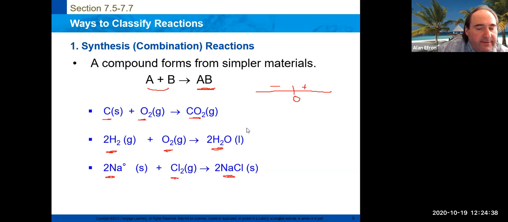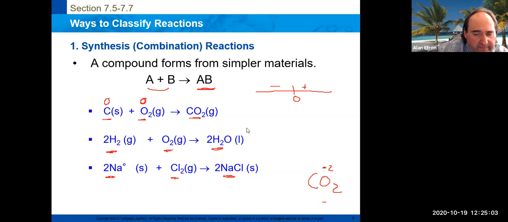So if we look at, for example, this first one, the oxidation state of carbon by itself uncombined is going to be 0. The oxidation state of oxygen by itself uncombined is going to be 0. In this situation, if we were to dissect the oxidation numbers here, we would start with oxygen, which is -2.